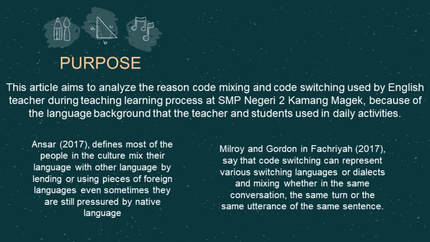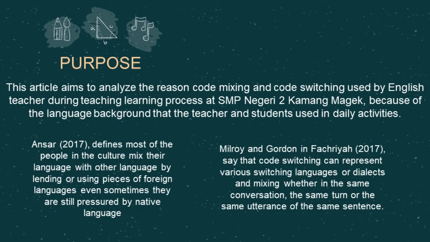So, code mixing is a stage of code language made when the speaker mixes two or more languages in a course of action without anything in the language situation requiring the blending of the languages.